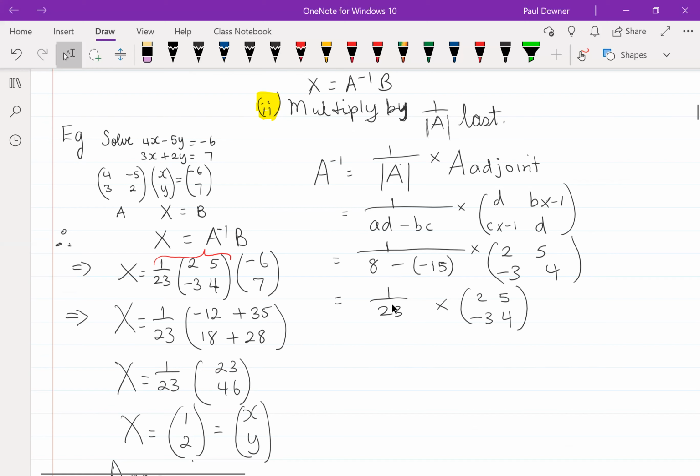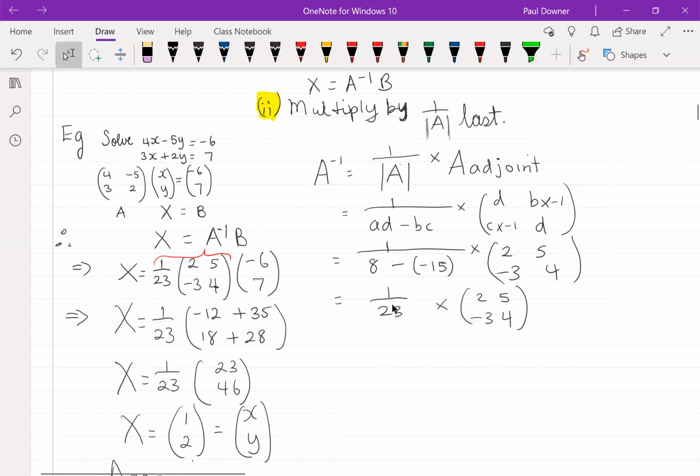But we have a secret. We're not going to do this now. We're going to take into account this second note, which says that we multiply by the 1 over the determinant last. We're going to do it lastly, right?